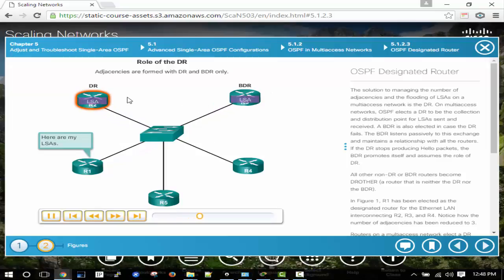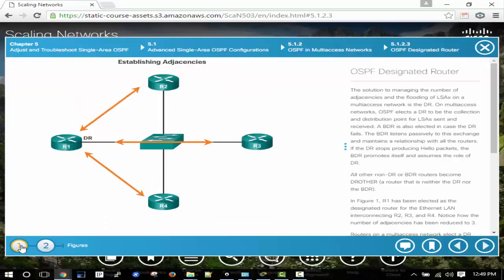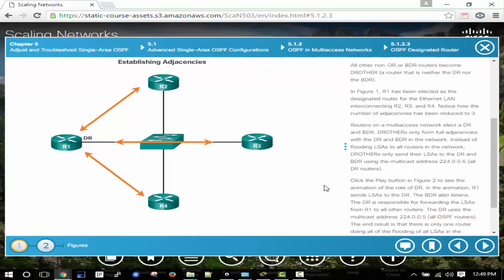It went to both of those, and then just the DR sends to make all the changes. What it does is it allows the BDR to keep its map of the changes in case the DR goes down. But the DR is the boss and tells everybody of the changes. So one router sends it there after these adjacencies are all established.